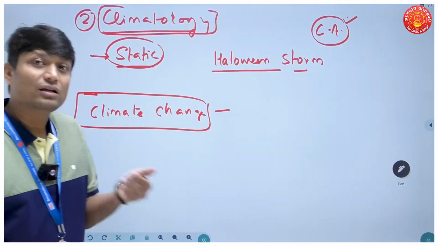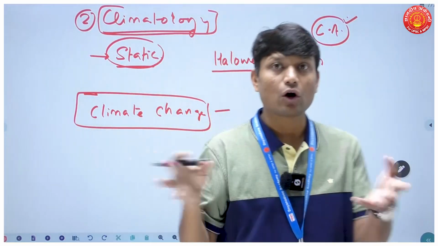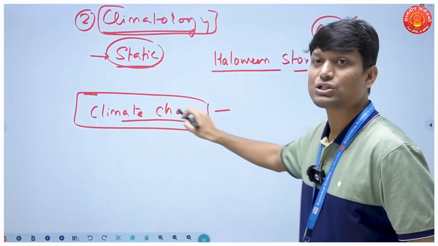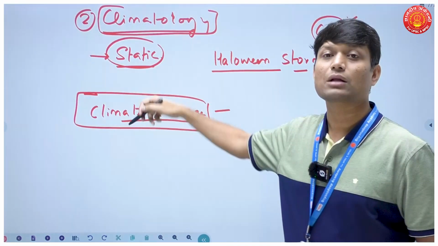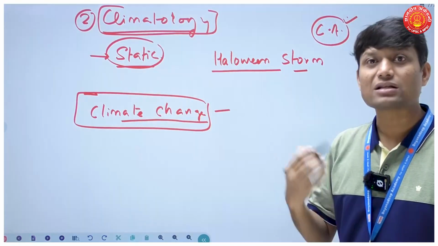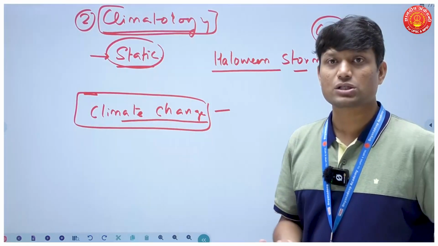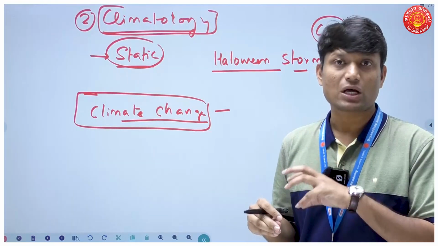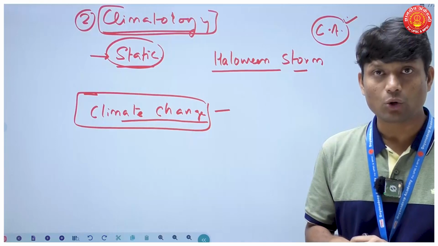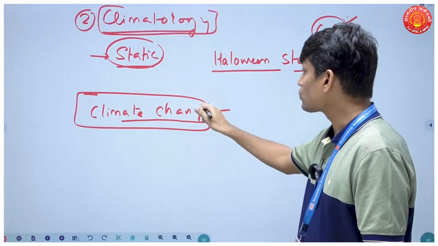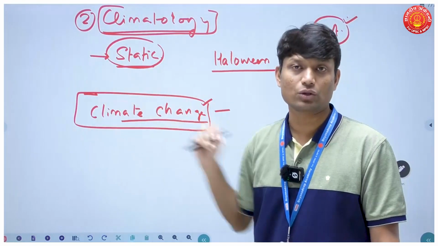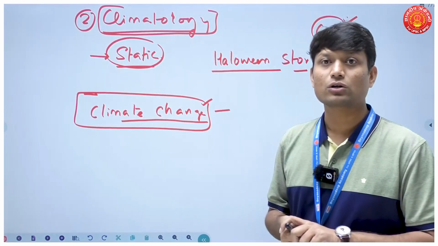If I have to add new topics, I have to go for horizontal breadth, so I will go for climate change or topics which can be added to climatology. So add such topics, add such terminologies, and follow various phenomena occurring across the globe, and most of these current affairs based questions will come out of these phenomena or something related to this. Now there is a next part also.